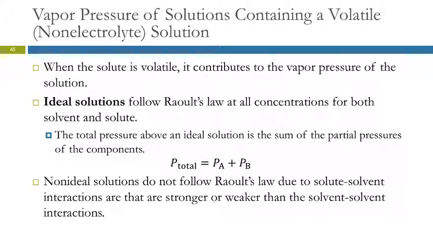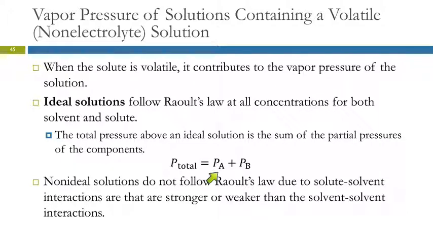So when we talk about an ideal solution, that's a solution that behaves in a very nice, predictable way. It's going to follow Raoult's law at all concentrations for both the solute and the volatile solvent. So the total pressure above an ideal solution is the sum of the partial pressures from each of the components.